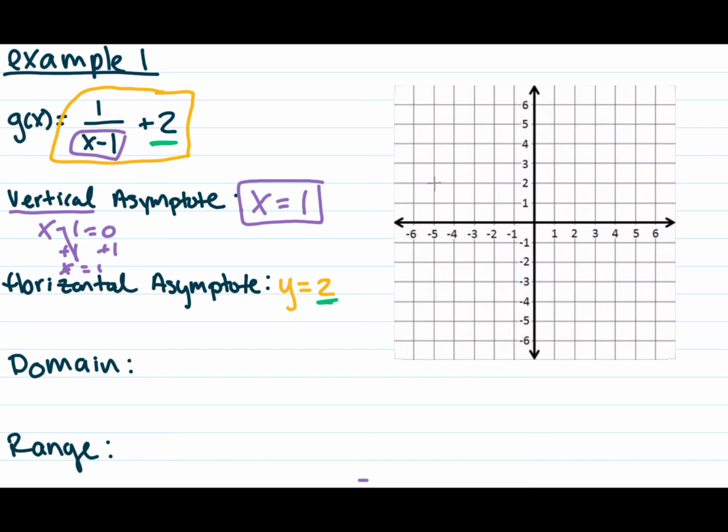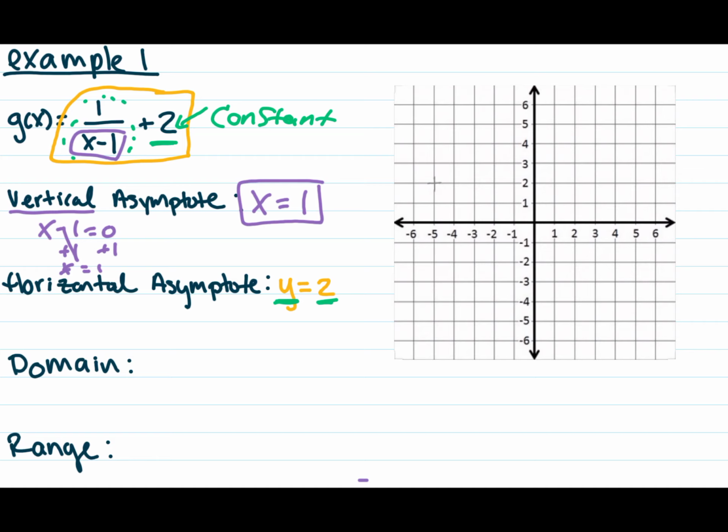So that is going to be a relationship there when you have that constant being added completely outside of that rational expression. So that constant is not in the fraction. So think about polynomial functions. We learned that the constant was the y-intercept, right? Well, now it's that y value that ends up being our horizontal asymptote.